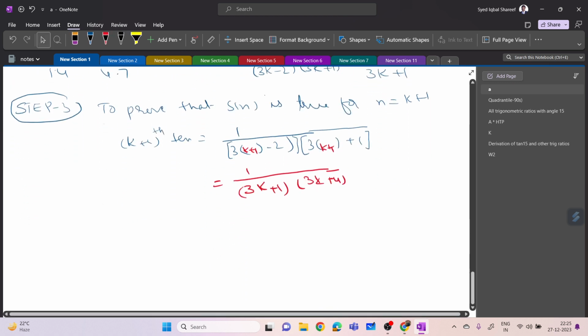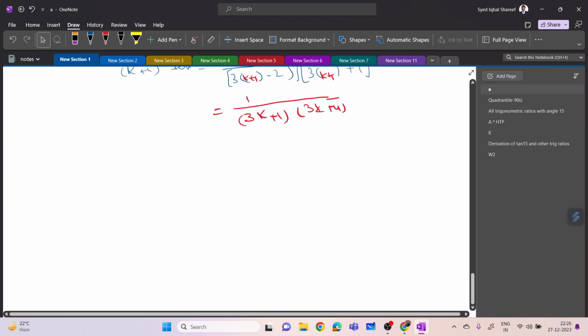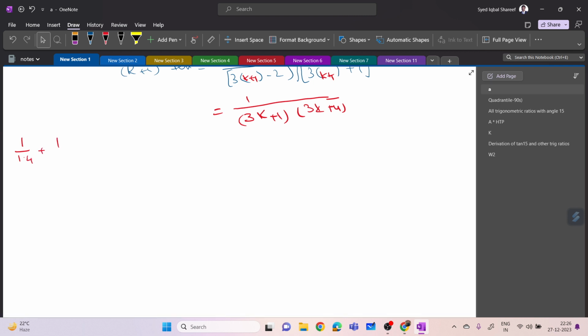Next, 1 by 4 by 7, up to 1 by (3k minus 2)(3k plus 1). Now we have to add the k plus 1 term.